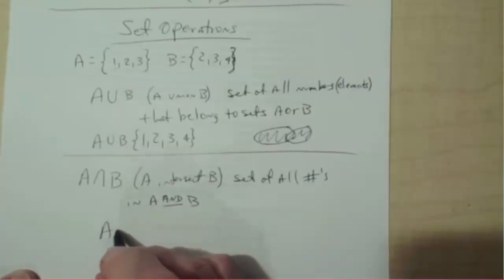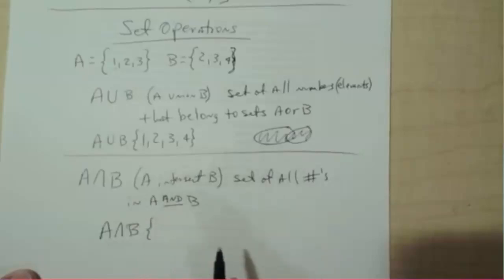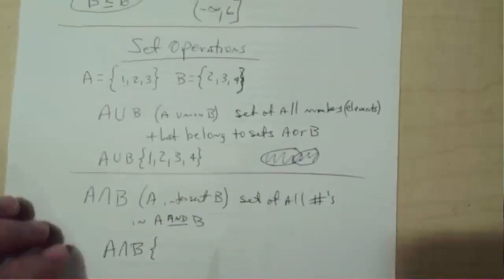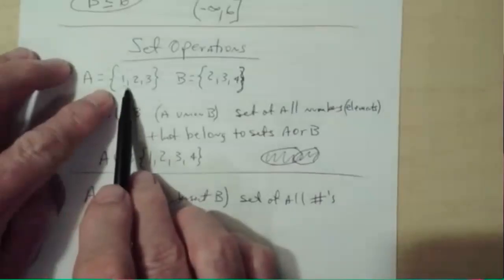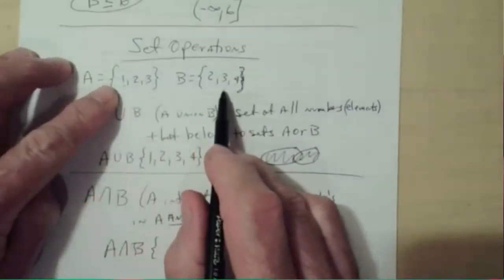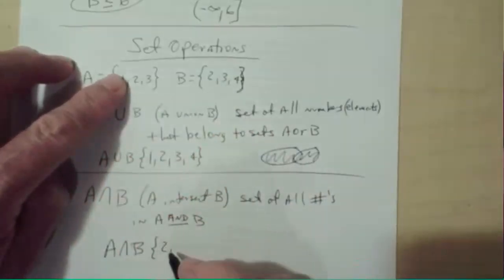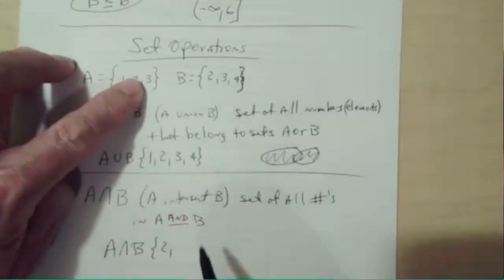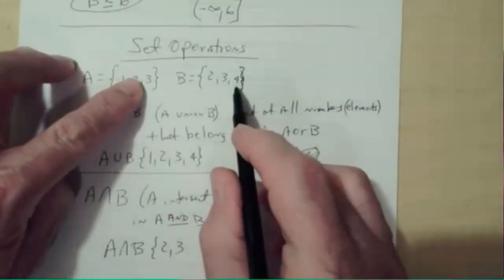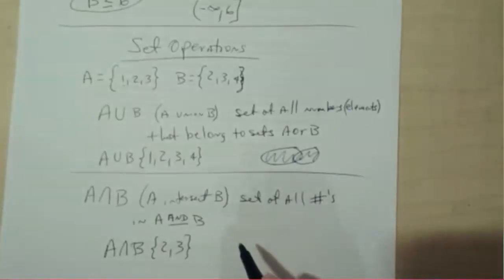So our A intersect B, which numbers are in both of these? Is 1 in both of them? No. Is 2 in both of them? Yes. Is 3 in both of them? Yes. Is 4 in both of them? No.